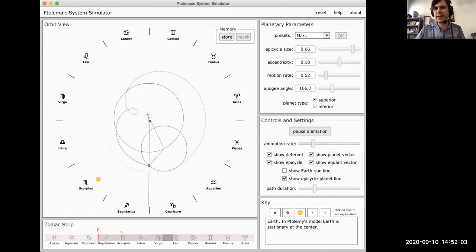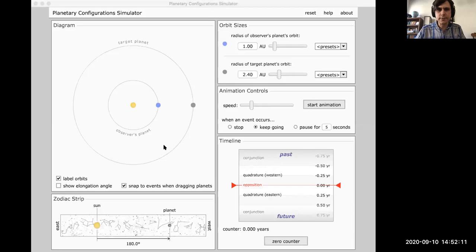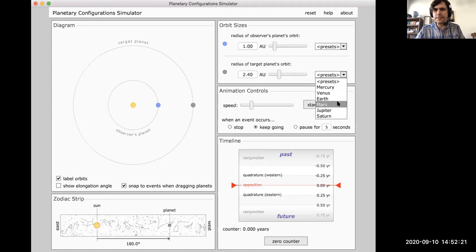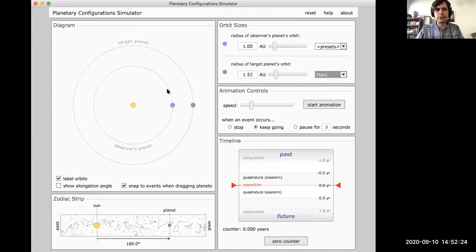Let's take a look at a Copernican model. All right, so here we have a Copernican model. Let's look at Mars again. So here would be Earth's orbit.